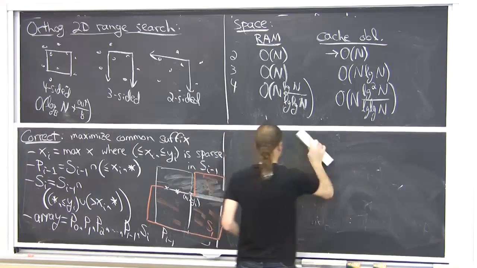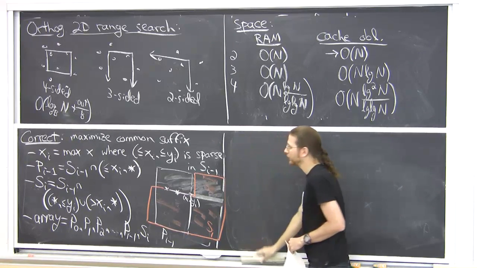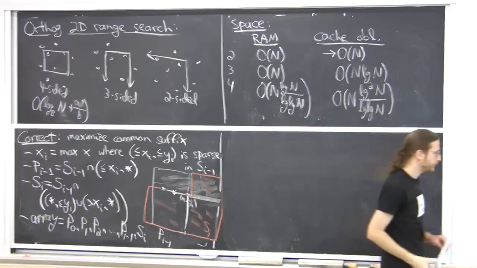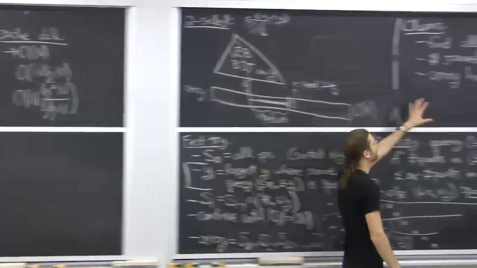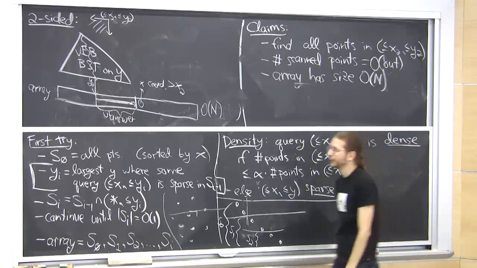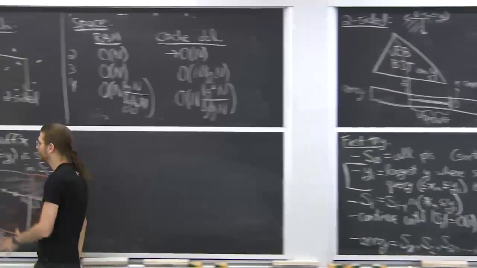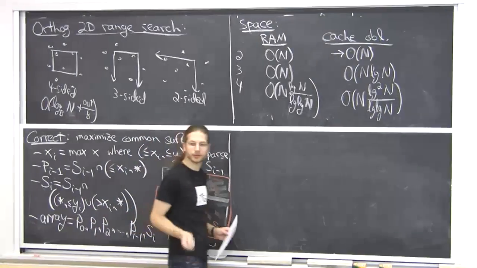all is well. So I know this is weird, but let's jump to the analysis, these claims, in particular that the array has linear size. Let's think about that, and it will become clear why the heck we made these choices. Let's see, I have a question first.